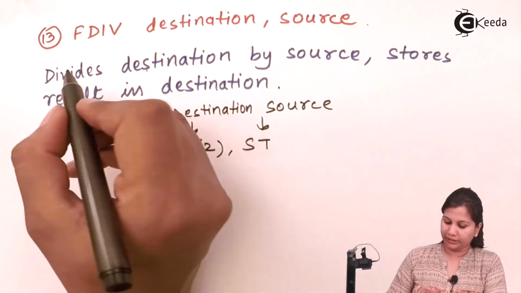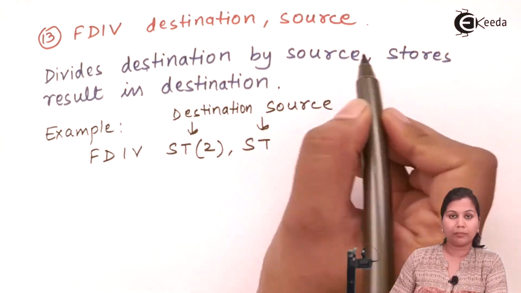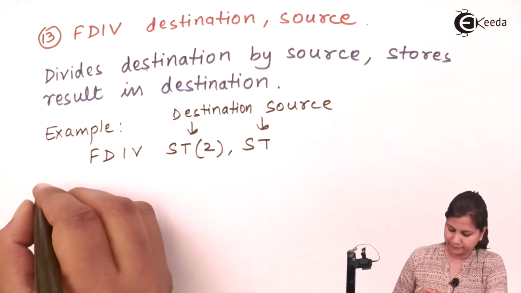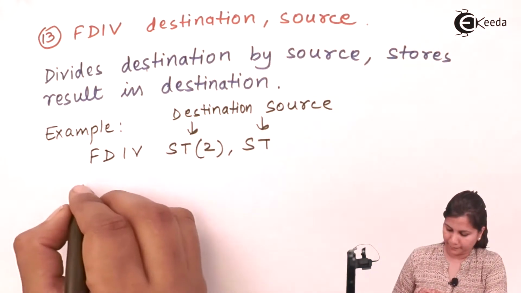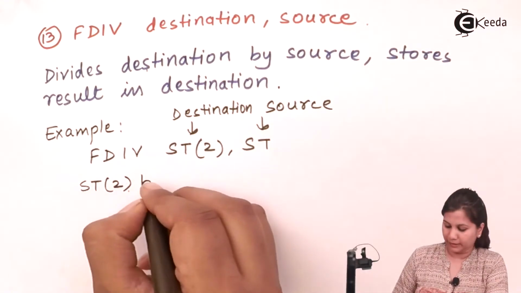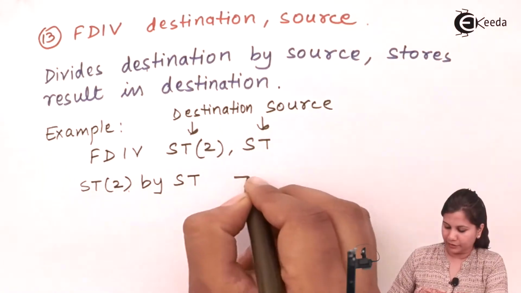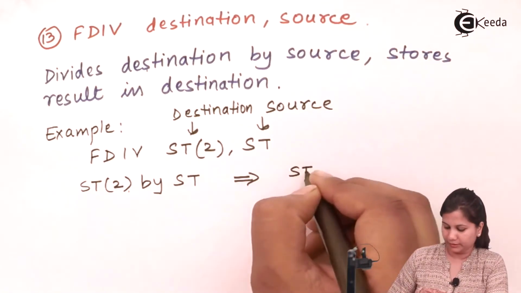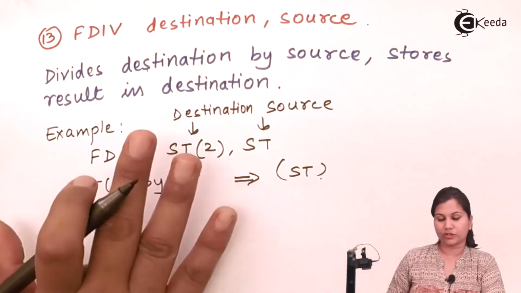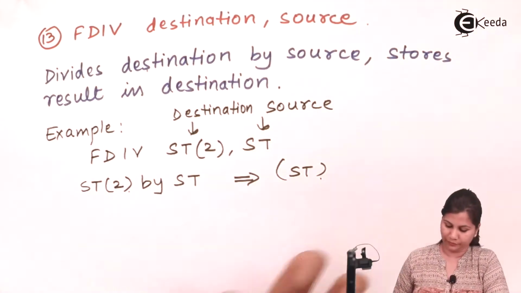Okay, so it divides the destination by the source. It is going to divide ST2 by ST, and the result is stored at ST2. So this is how this instruction is executed.